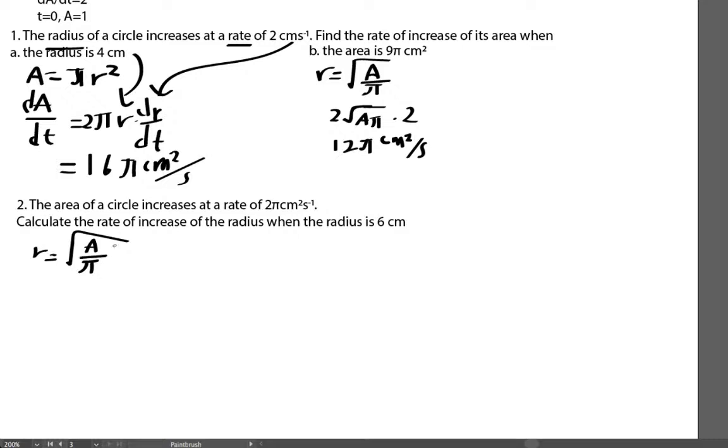You could just take this and take the derivative. I know, it sounds crazy, but yeah, you can. So you just take half of the square root of A over pi, multiplied by the change of A over the change of time.